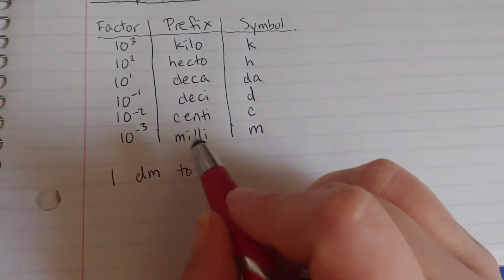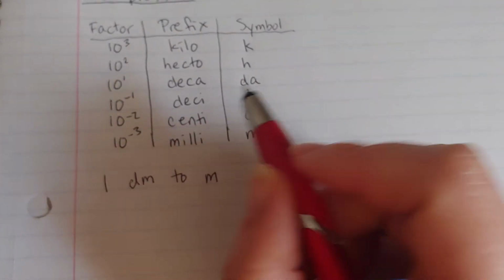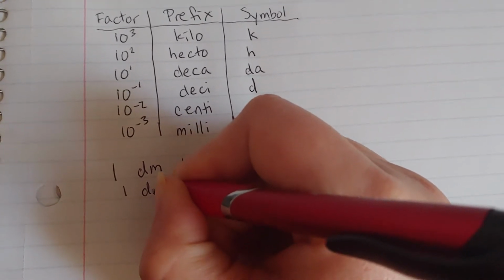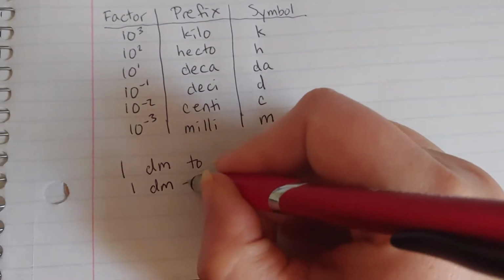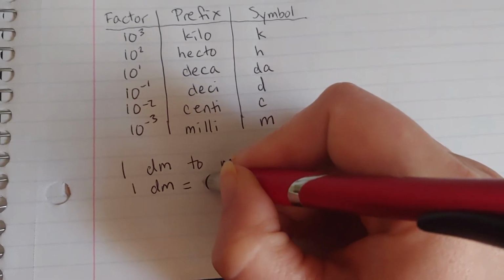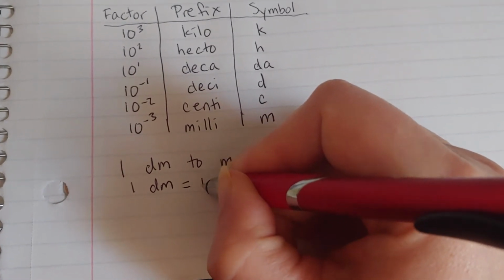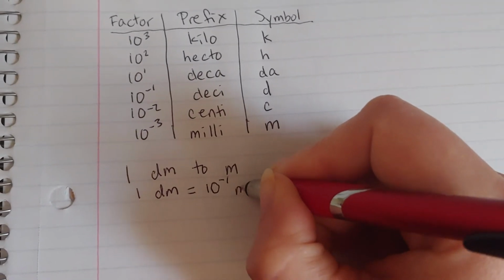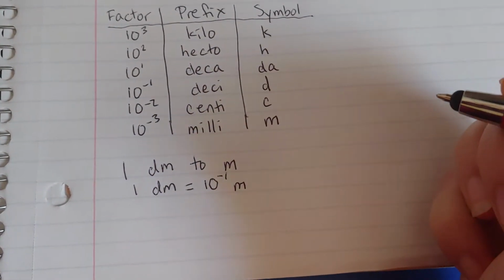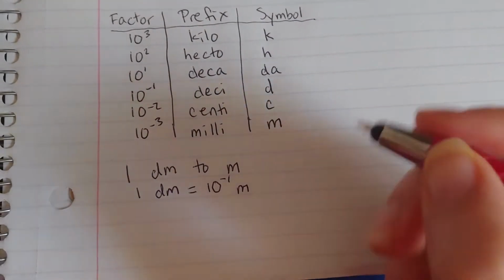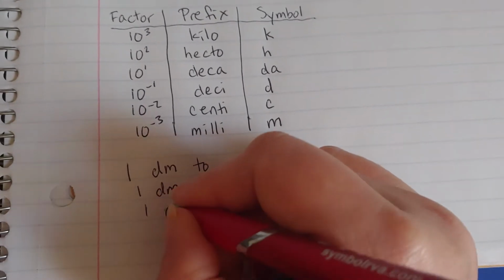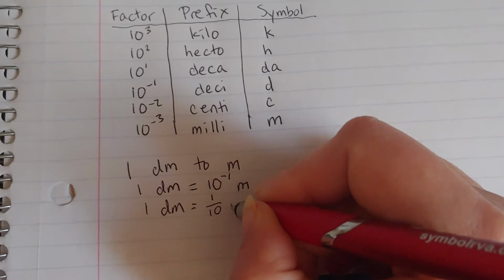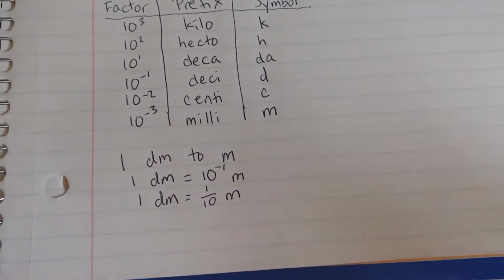All right, well, I know that 1 decimeter is equal to 10 to the negative 1 meters, or 1 decimeter is equal to 1/10 of a meter.